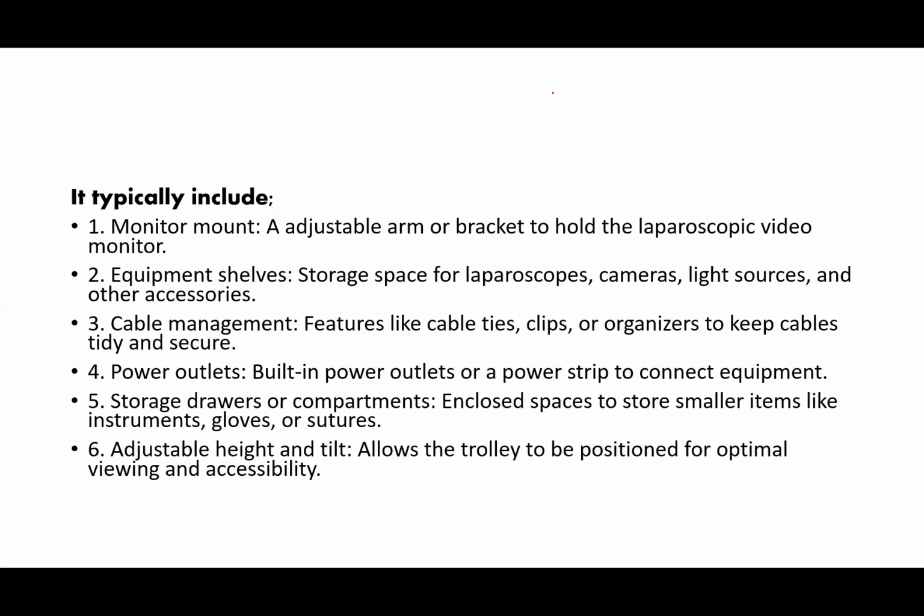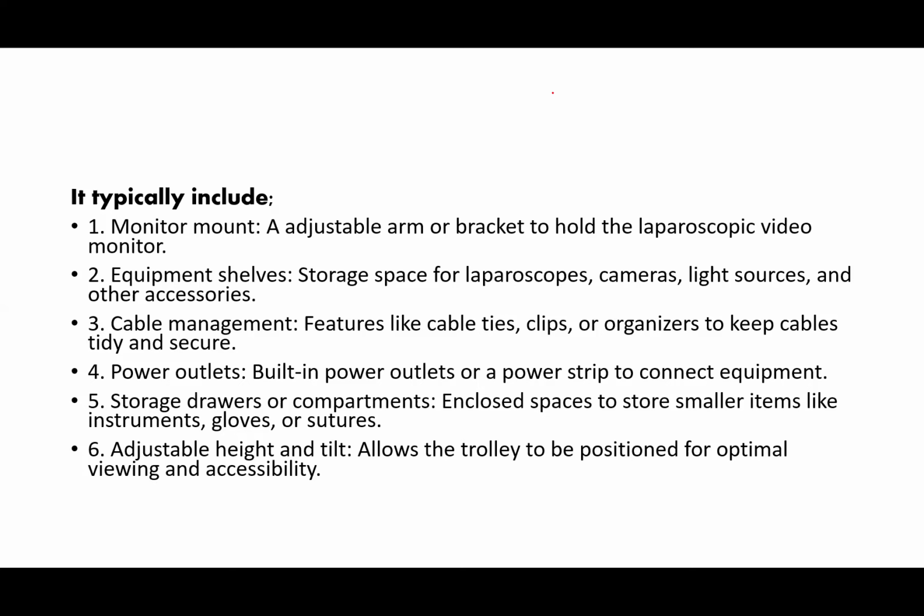And the power outlets are a built-in power outlet or power strip to connect equipment. If you see the trolley, it has only one output that is connected to a main power source. All other equipment are connected on the trolley. There are multiple points of connection on the trolley.